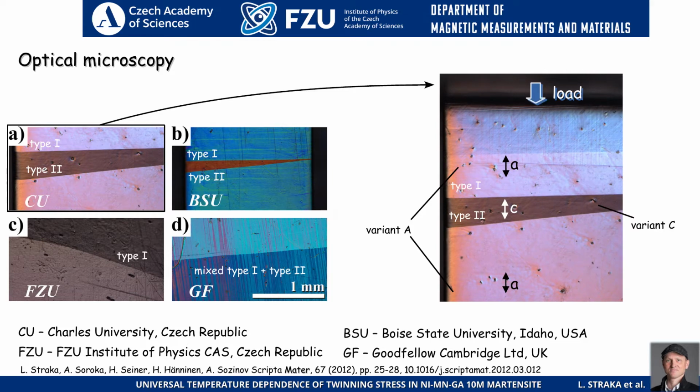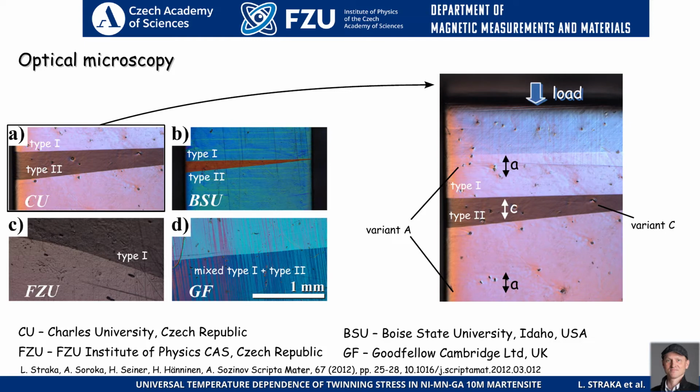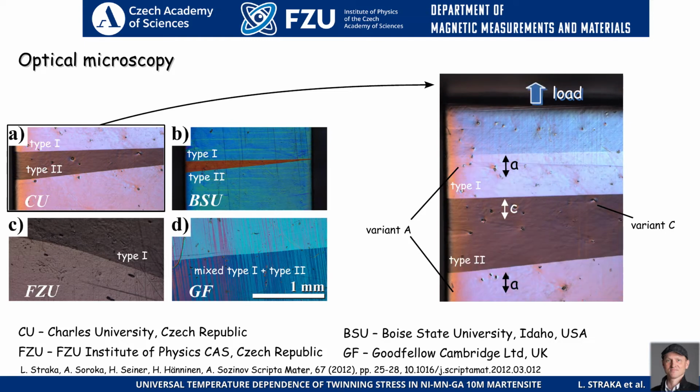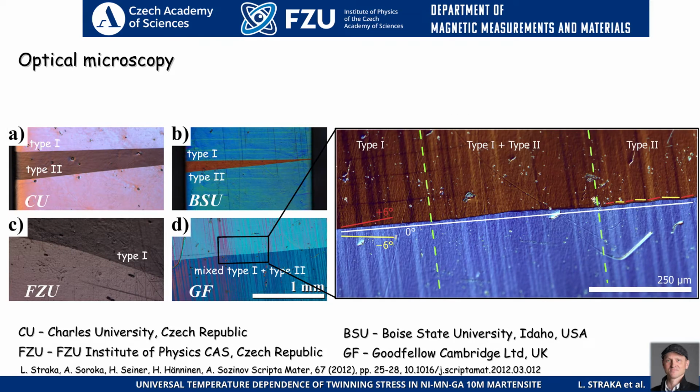This is just switching between two martensite variants, one has c-axis along the stress and the other one has c-axis perpendicular to stress. And here you can see the detail of the boundary in Goodfellow sample, and it consists of segments which are, let's say, straight, and then there are segments which are plus and minus 6 degree misoriented compared to these straight segments.